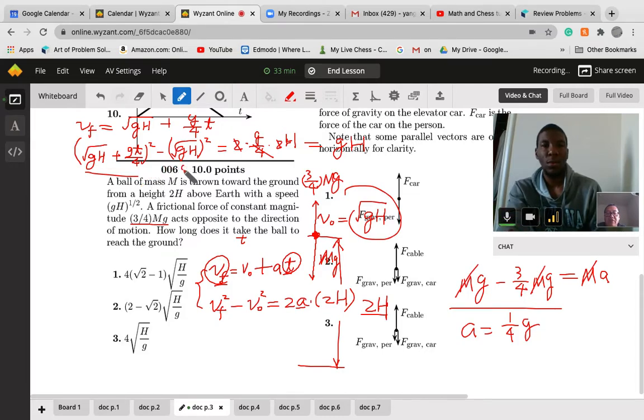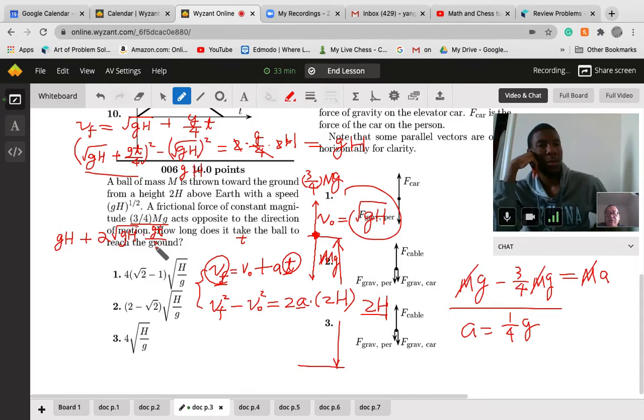This gives you gh plus 2 times square root of gh times gt over 2, plus g squared t squared over 16, minus gh, equals gh.